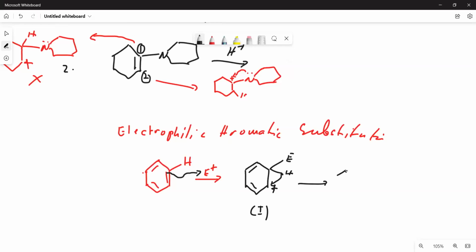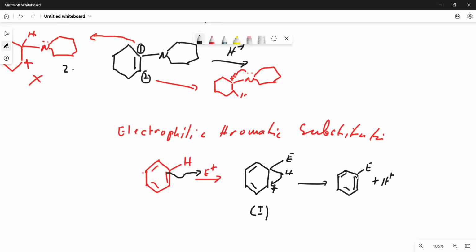So the hydrogen now will leave the carbon as H+. So you have a double bond, double bond, double bond. You have the new attachment, electrophile, and you have the H+ kick out. So that's why the reaction is called electrophilic substitution.